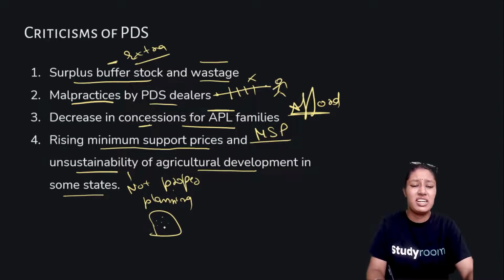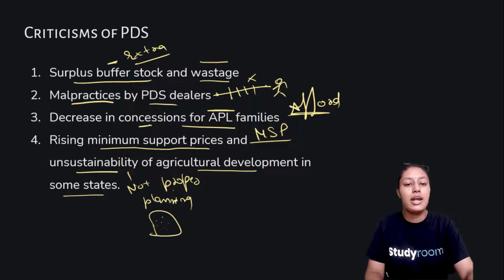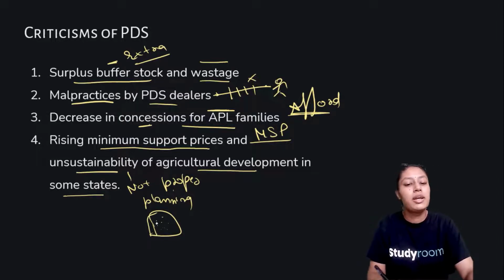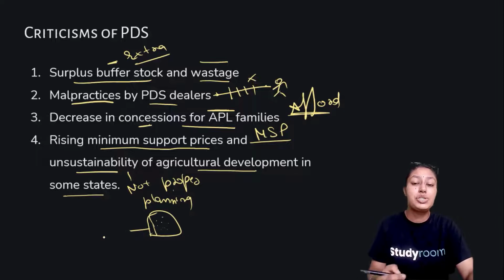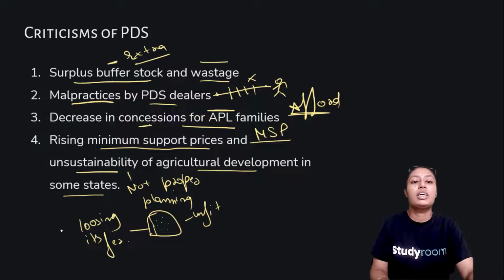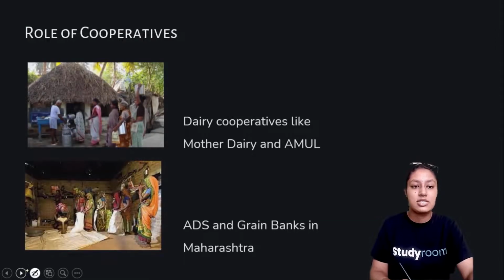They have been recklessly growing any kind of crop in the field, which leads to the land losing its fertility and becoming unfit for cultivation. So these are the major reasons for which the public distribution system has been criticized.